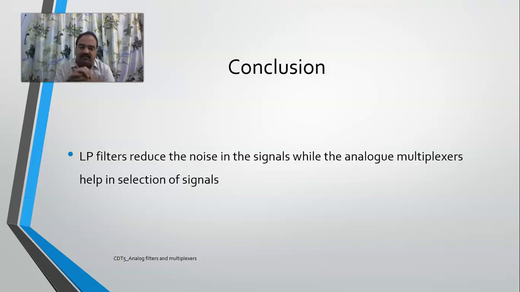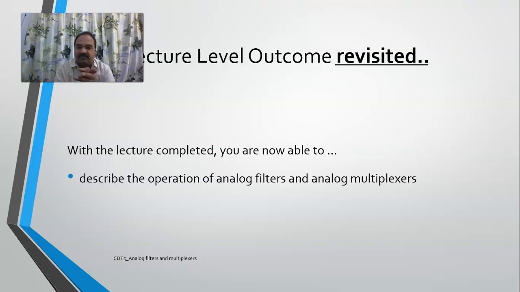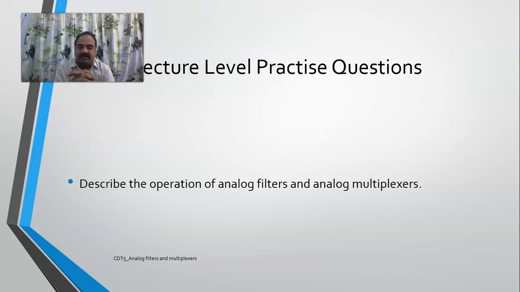So it's your choice how to select an LP filter and also the mechanism of analog multiplexer. Okay, so I hope that now you are able to describe the operation of analog filters and analog multiplexers and their requirements in digital relays. And I hope that you can answer this question in detail. Okay, thank you.